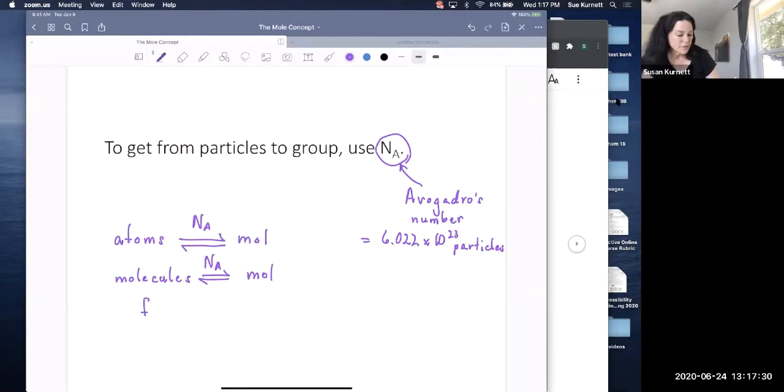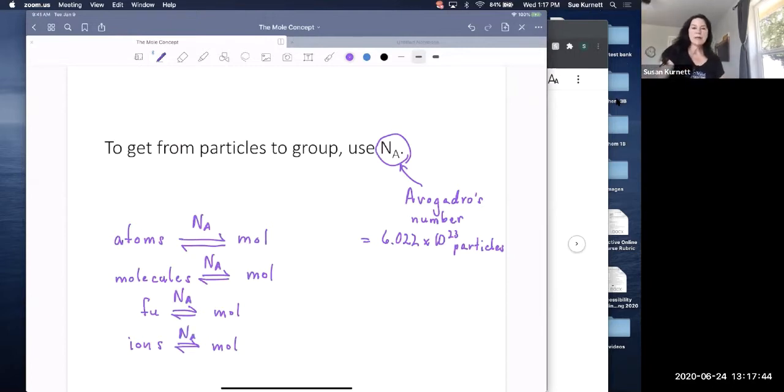Sometimes we're going to go from formula units if it's ionic. And sometimes we're going to consider ions, the pieces that make up the formula units. But in each case, to get to the group, we're going to use this number. And so it's important that you know how to use it and that you have a calculator that you've learned how to use, because you don't want to type in all those zeros.